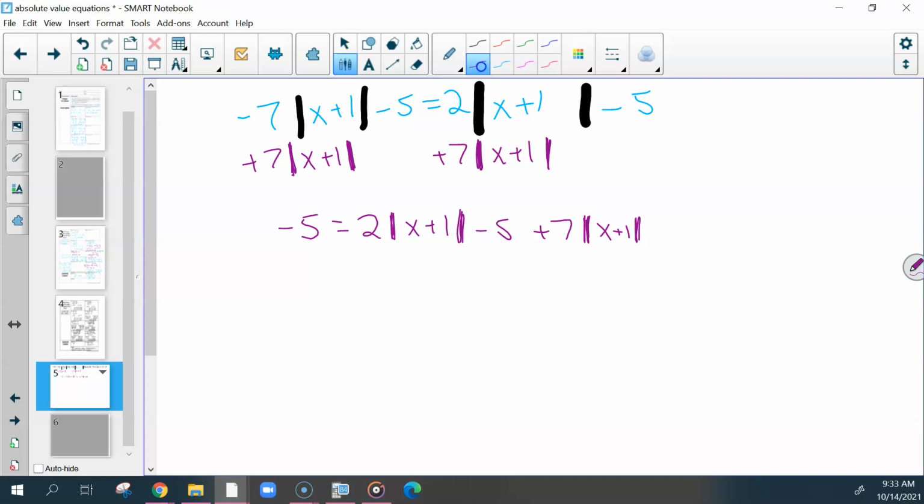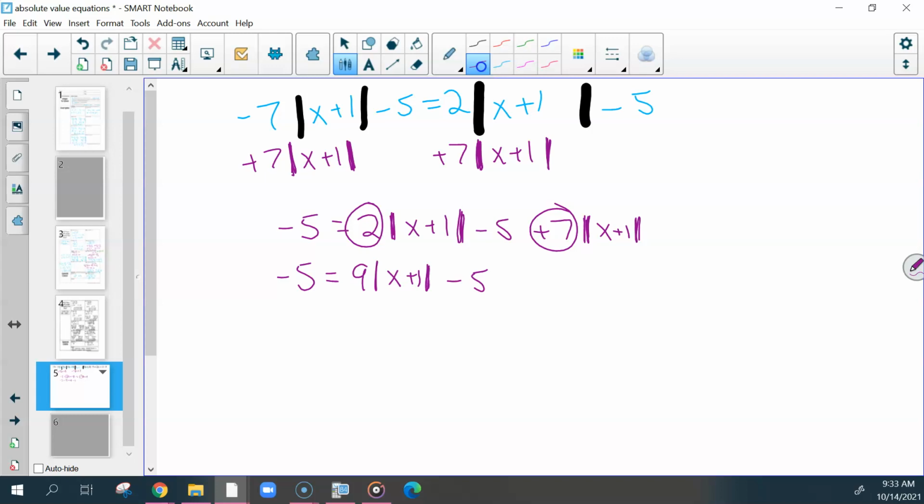They have the same variable, so I can combine them. So 2 plus 7 gives me a 9. One of the absolute value signs goes away, just like when we combine like terms.